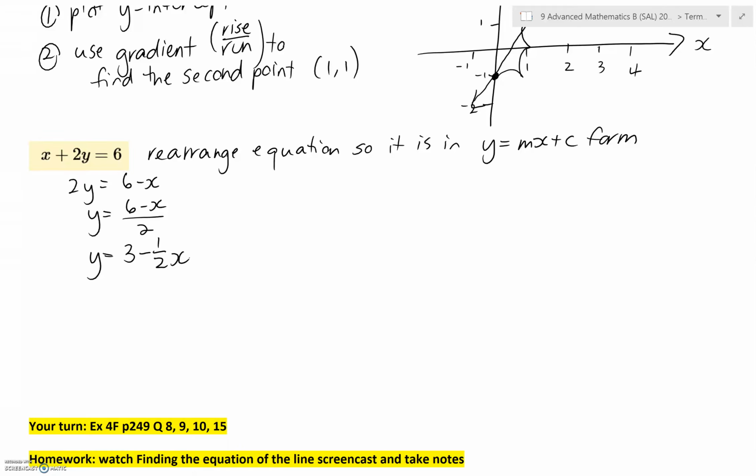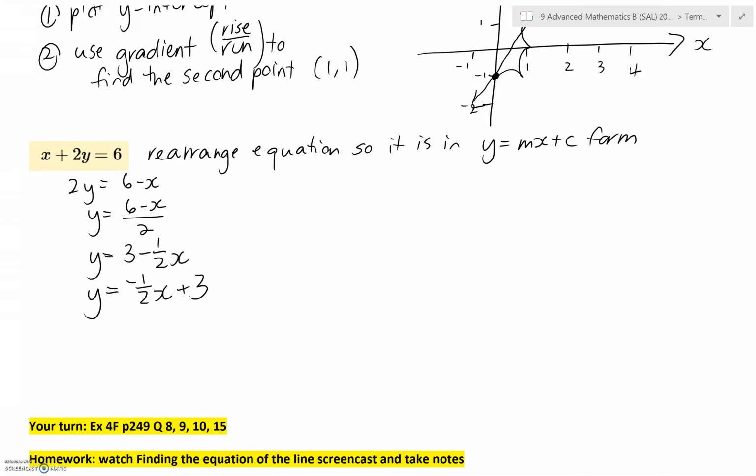It doesn't matter that the x is written in the second place after the number. We're still in y equals mx plus c form because our y is on one side and x is on another. If you don't like it like that, you could rearrange the right hand side and write it this way, so the x is first and then the c, but it actually doesn't matter at all.